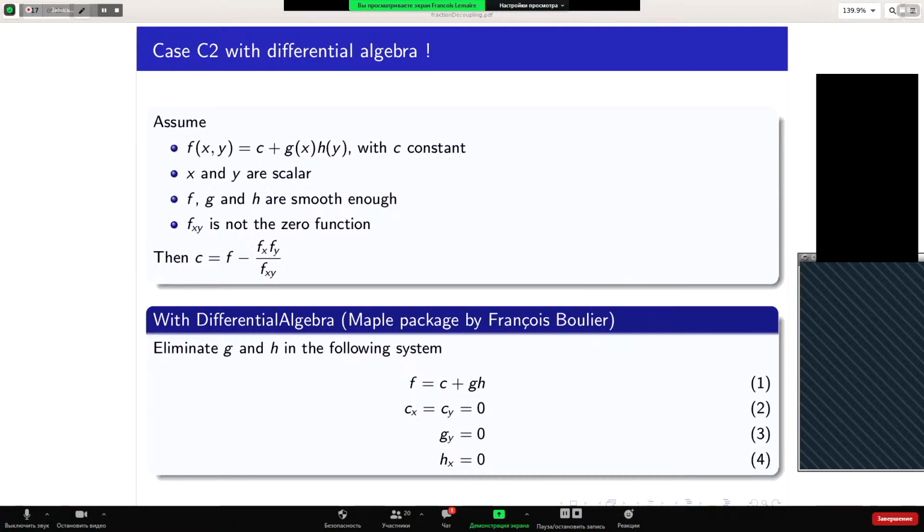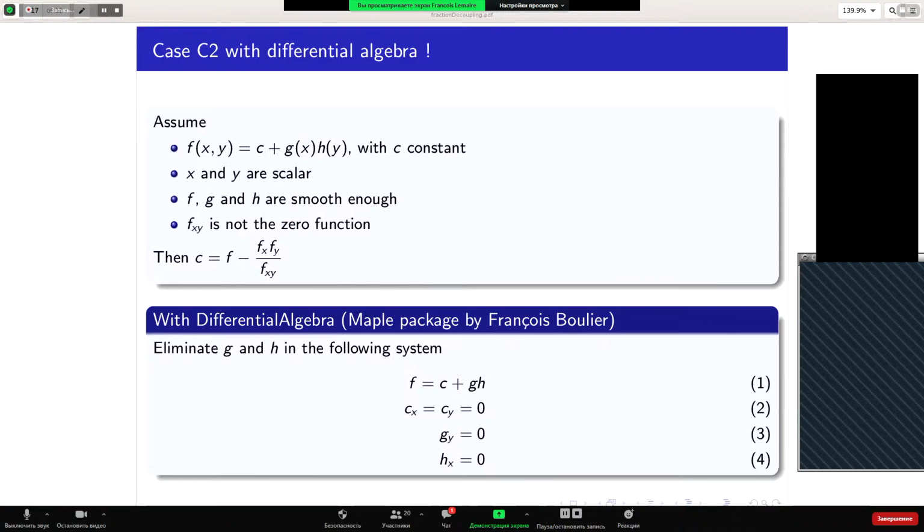If f can be written as a constant plus a function of x times a function of y, then the constant C is unique and defined by f minus f_x f_y over f_xy, where the indices are partial derivatives.